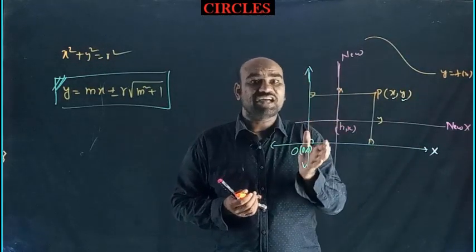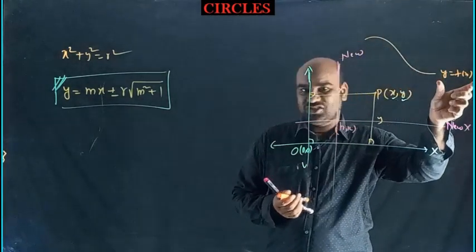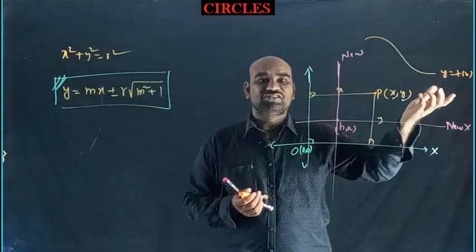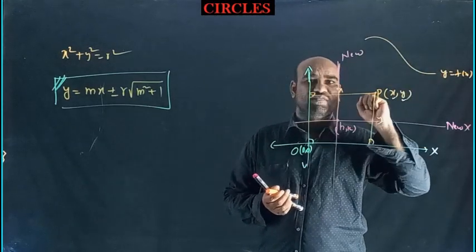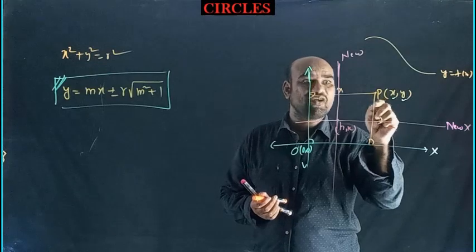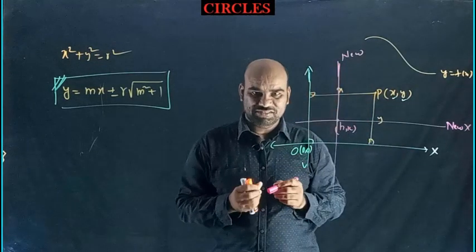If axes are translated, automatically the locus equation of this curve will change. So how to find the transformed equation of this curve, and how to find the new coordinates of the point with reference to the new axes? That is the important thing. Observe here.